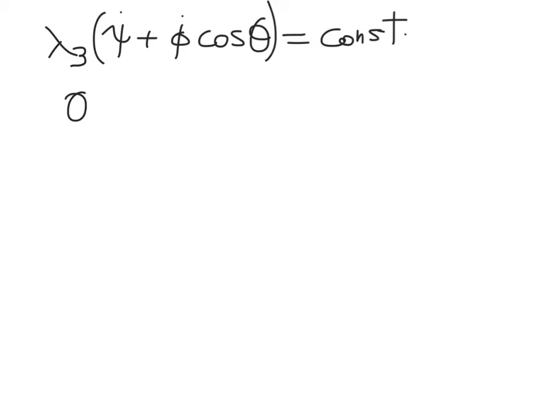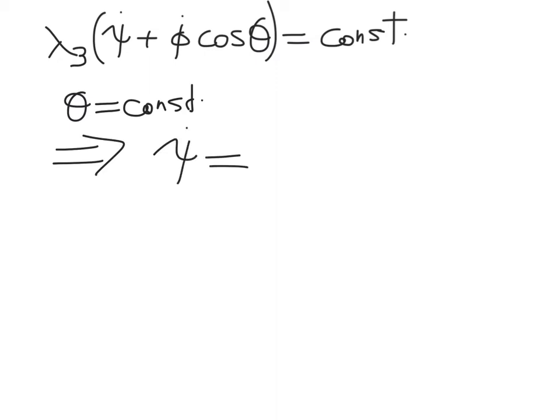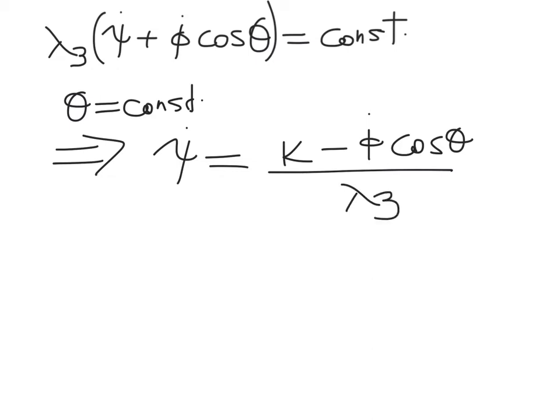Well, if theta is also a constant, this means that psi dot is just going to be equal to some constant minus phi dot cos theta, which is going to be a constant since theta is a constant, over lambda 3.